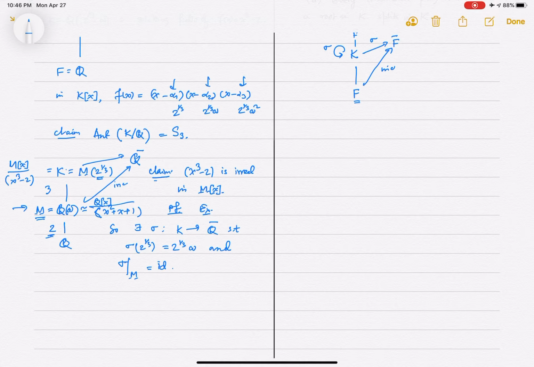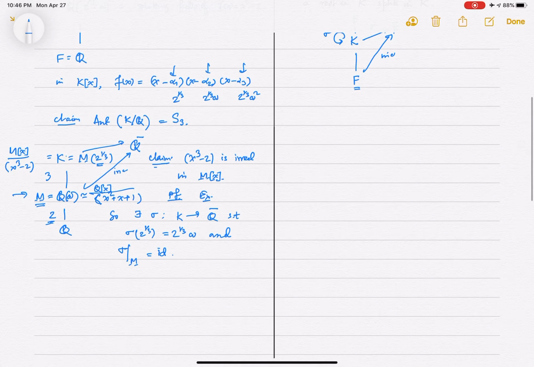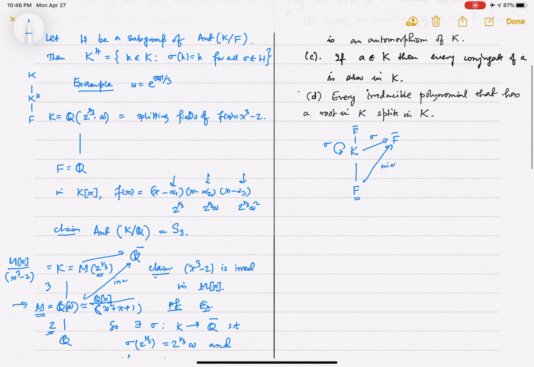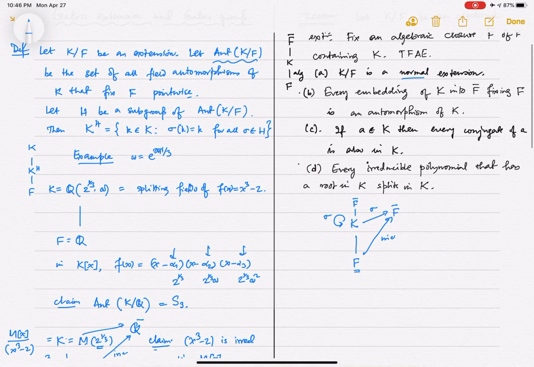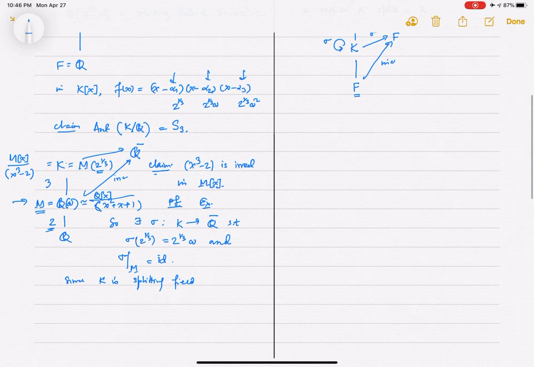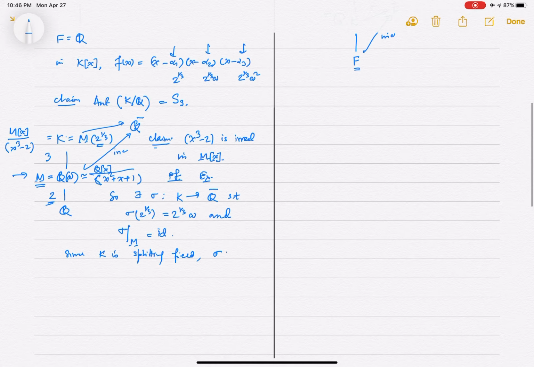Now what does this sigma do? First of all, since k is a splitting field, this embedding is an automorphism. That's sort of the key point up here on the right. Sigma is an automorphism of k fixing m, but if it fixes m, it fixes Q as well.